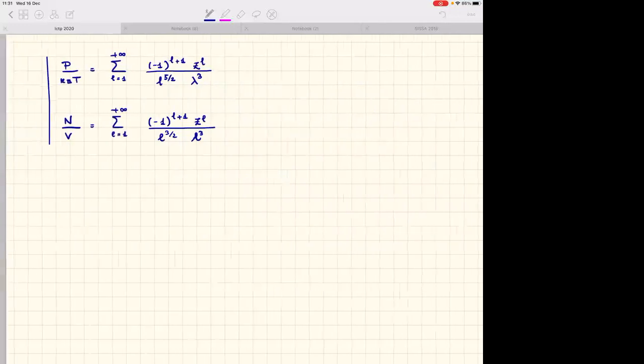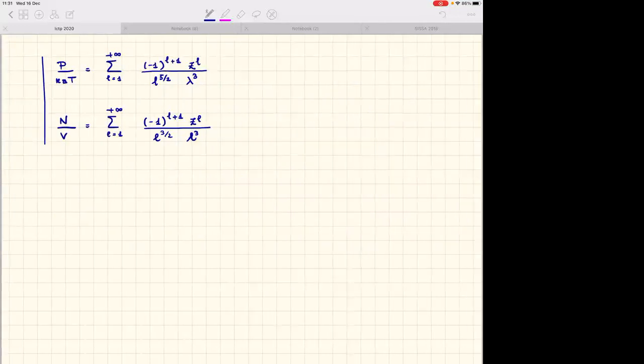All right. You see, these two equations essentially allow you, order by order in perturbation theory, I mean in this expansion, to find Z as a function of the density. Then you substitute and you find your equation of state for the fermions.